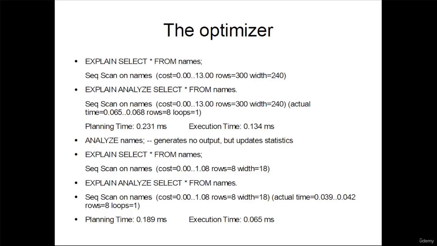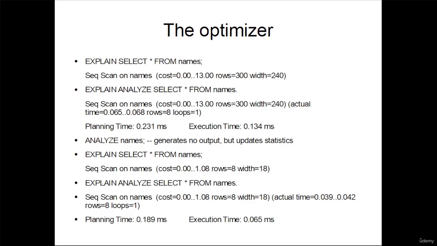Sequential scan on names, cost equals 0..1.08, rows equals 8, width equals 18. The estimated rows, 8, now match the actual table size, and the cost, 1.08, is lower, reflecting a more accurate plan. The width, 18, is also corrected, indicating a more precise estimate of row size.